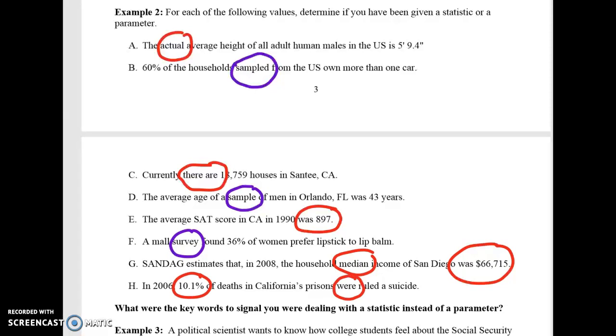So these are all words that indicate some sort of fact. So all the red ones are going to be parameters. And all the purple ones are going to be statistics. So that is how we do example 2.